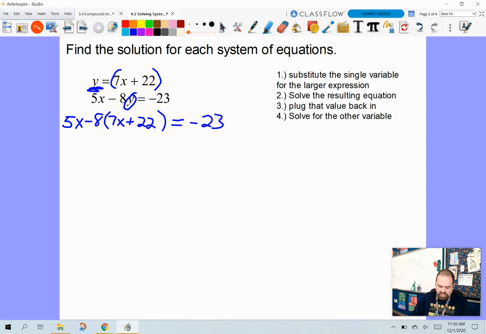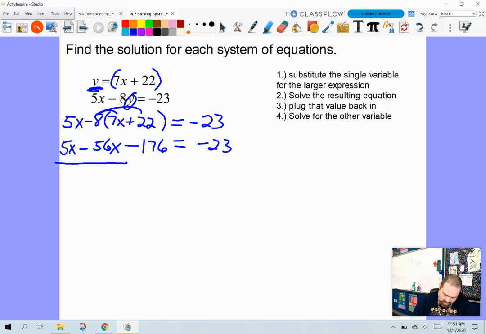They're all x's. So I'm going to distribute my negative 8. That's going to give me negative 56x minus 22 times 8, that's 176, equals negative 23. Just piece by piece, you're whittling this down and making it easier to look at. Combine your x terms.